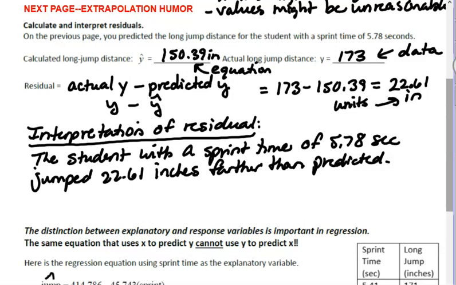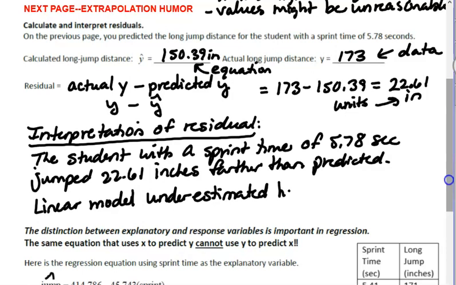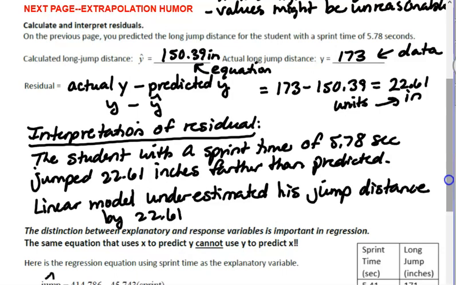Sometimes it's expressed this way. We could say the linear model underestimated his jump distance by 22.61 inches. Now you don't have to say both of those things.